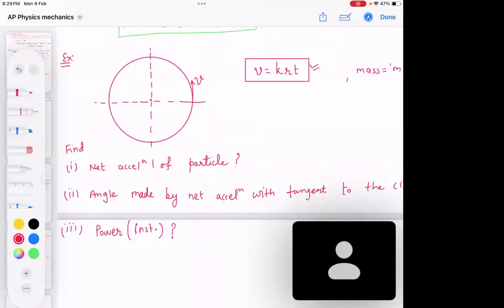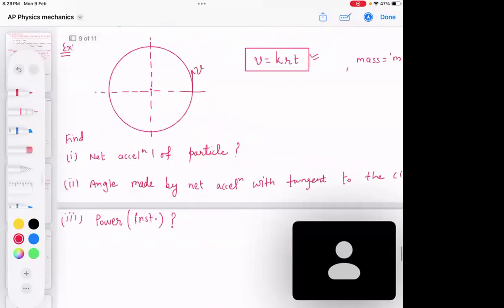See, they are asking in the question, what is the net acceleration? In a circular motion, there are chances of two accelerations for the particle, tangential and centripetal. If it is uniform circular motion, only centripetal will come.